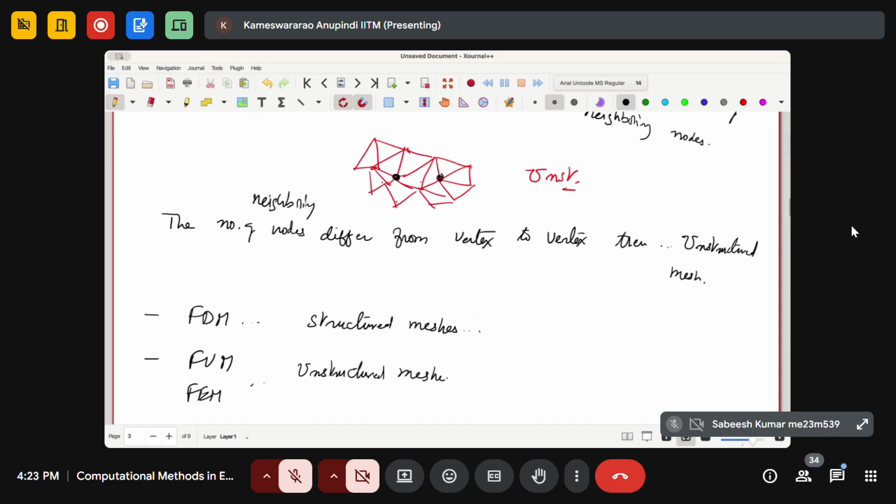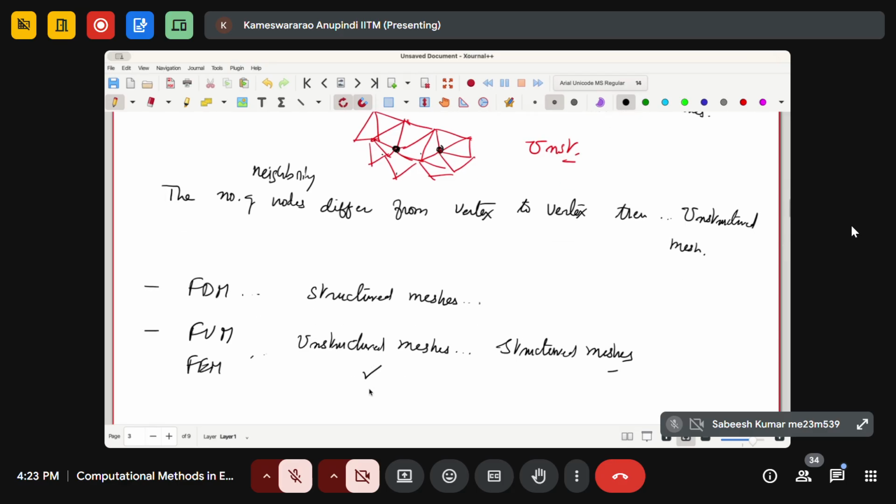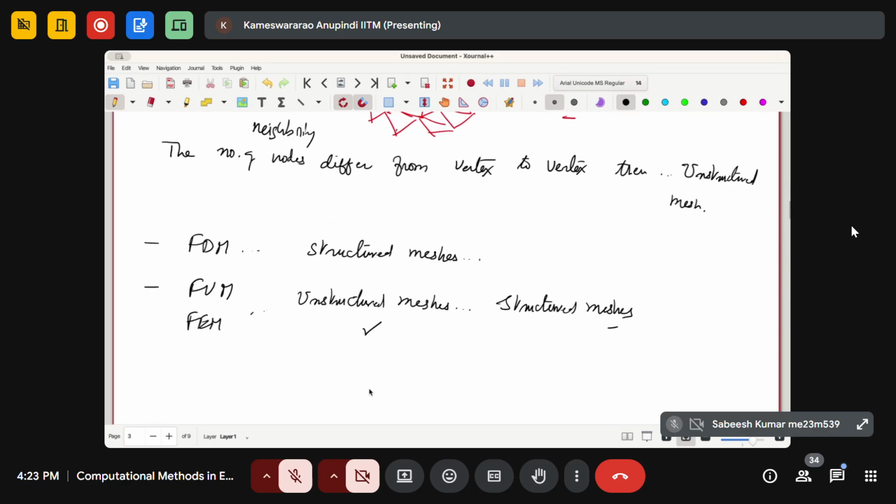However, there is nothing that stops them from being applied to structured meshes. But preferably you would like to use finite volume and finite element methods on unstructured meshes, because that is where their stronghold is. That is where their applicability comes into picture.